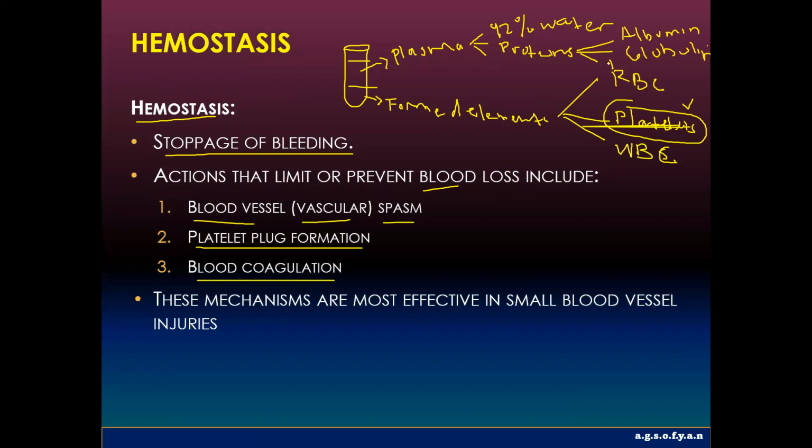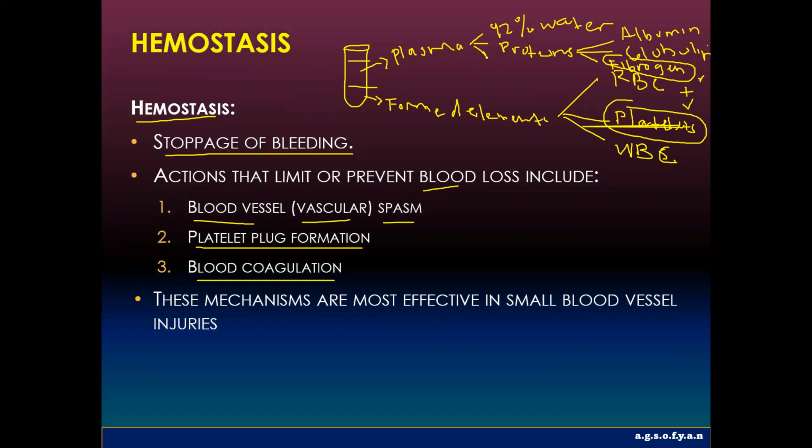And the last one is the fibrinogen. And from these 3 proteins, the one that is needed for blood coagulation or stopping the bleeding is the fibrinogen. So we have platelets plus fibrinogen. These are the 2 components that will help us to stop bleeding.